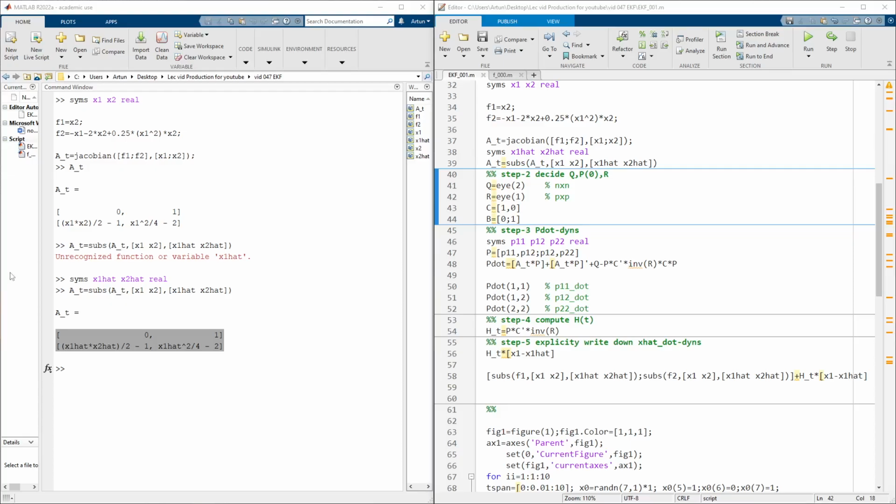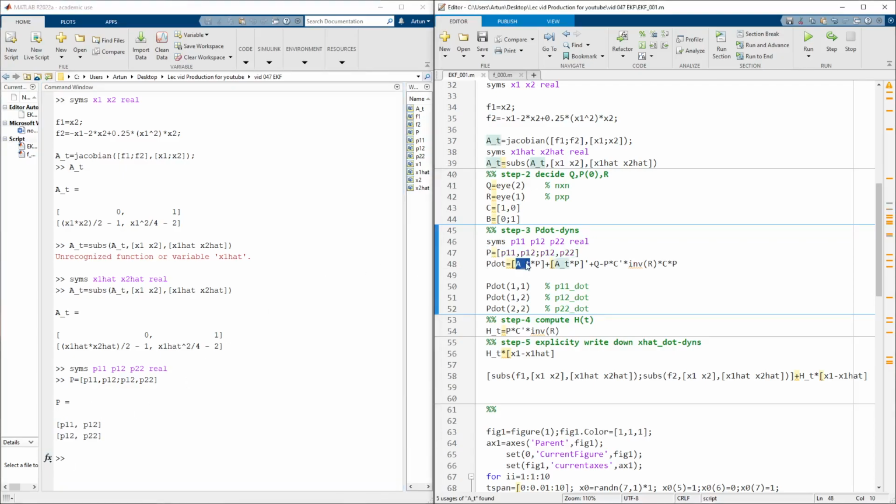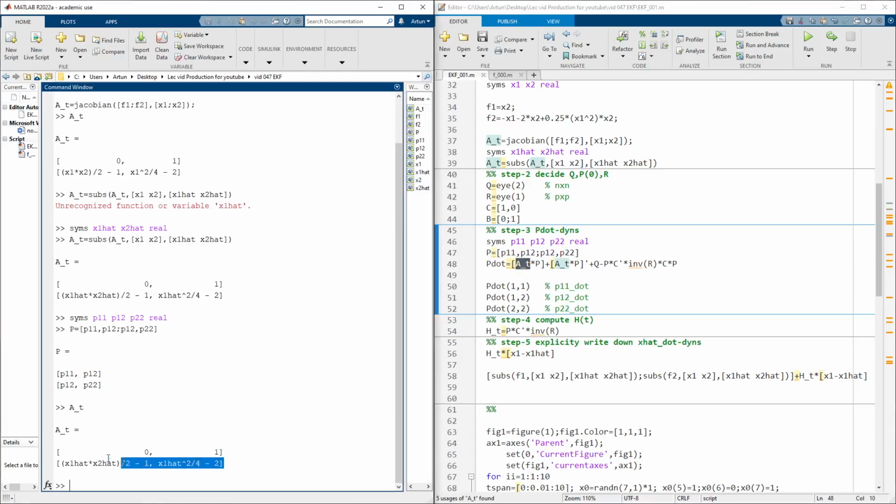So here let's define P11, P12, and P22. We only need these terms because P is symmetric, and that's why we lose one degree of freedom, right? Here, this is our P matrix, and it has that form. That's great. And since we know what A of t is, again, let's display it.